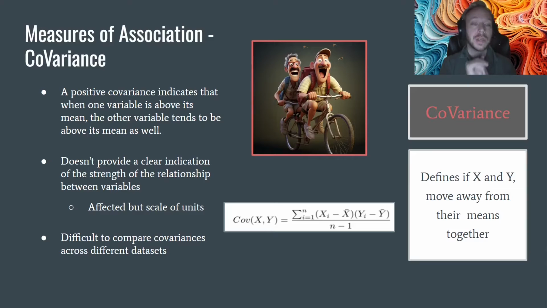If you have, let's say, bananas times kilometers, you have a covariance of 100 banana-kilometers. It becomes a little bit confusing. Because the scale of the unit of measurements are very different, it becomes very hard to compare covariance between this data set and another data set.